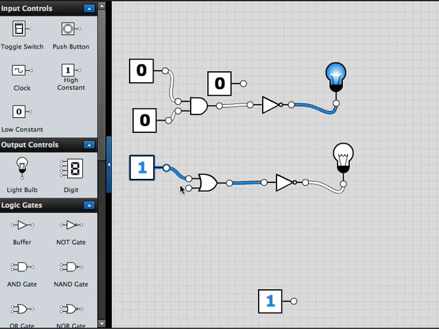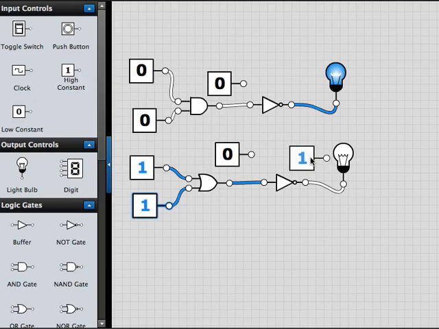Nothing is happening, of course, because if I have a value of 1 going to my OR gate, then that will produce an output of 1, which the NOT gate turns into 0. And the same, of course, if I have two inputs of 1, it's still producing a 1 as the output, which then becomes the input of the NOT gate, which produces the 0 as an output. So let's change that.